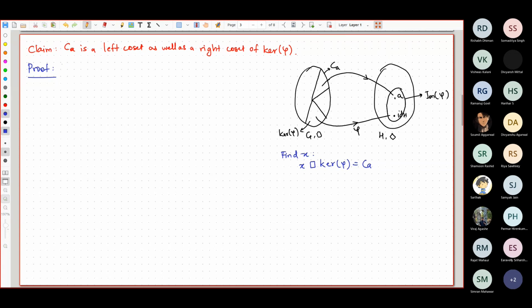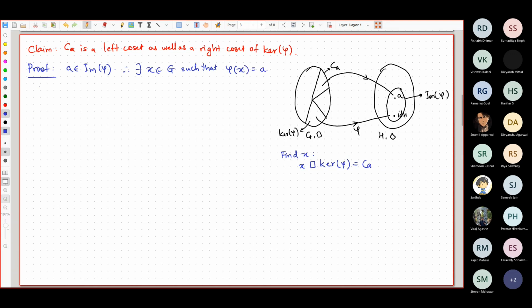So A lies in the image of phi, therefore there exists some x in G such that phi of x is equal to A.